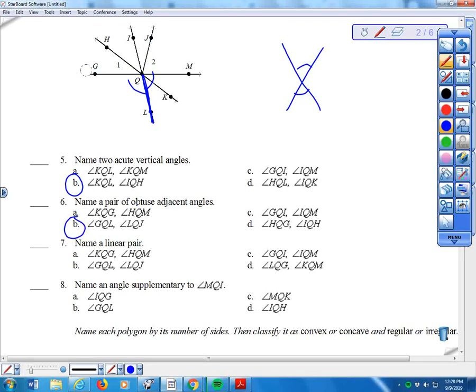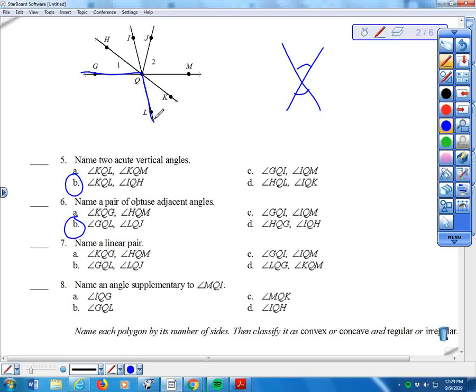Okay, a linear pair means 2 angles that when you add them together make a straight line. So let's see, KQG, there's this one, and HQM. No, definitely don't add together to a straight line. So not A. GQL and LQJ.